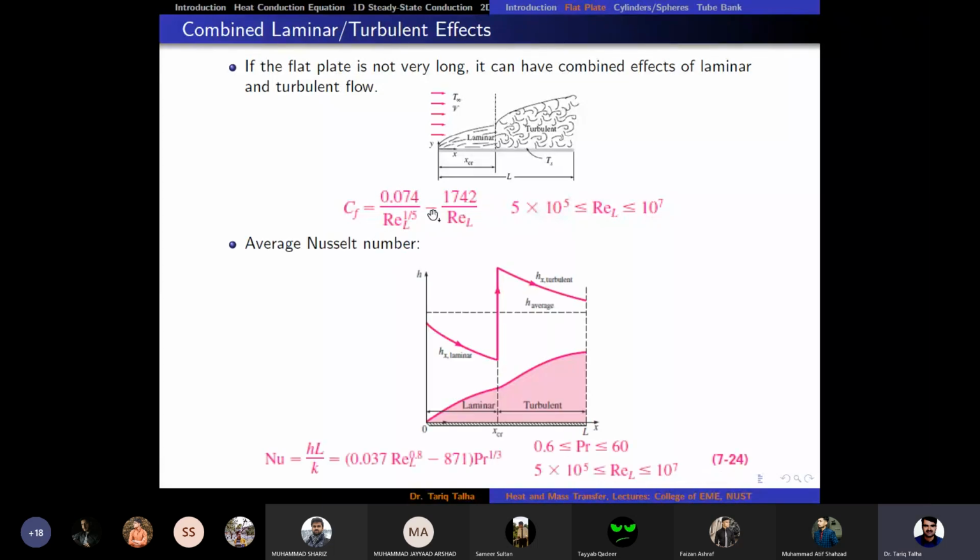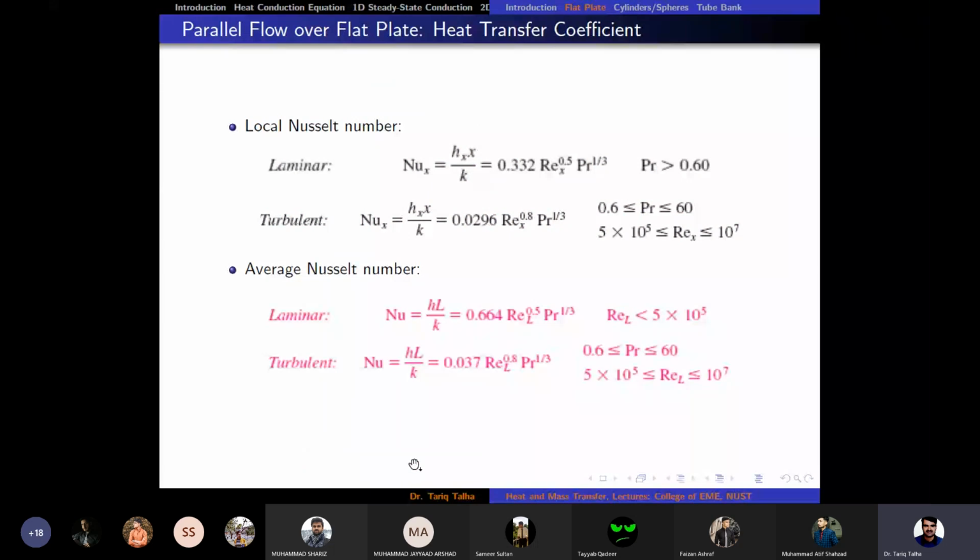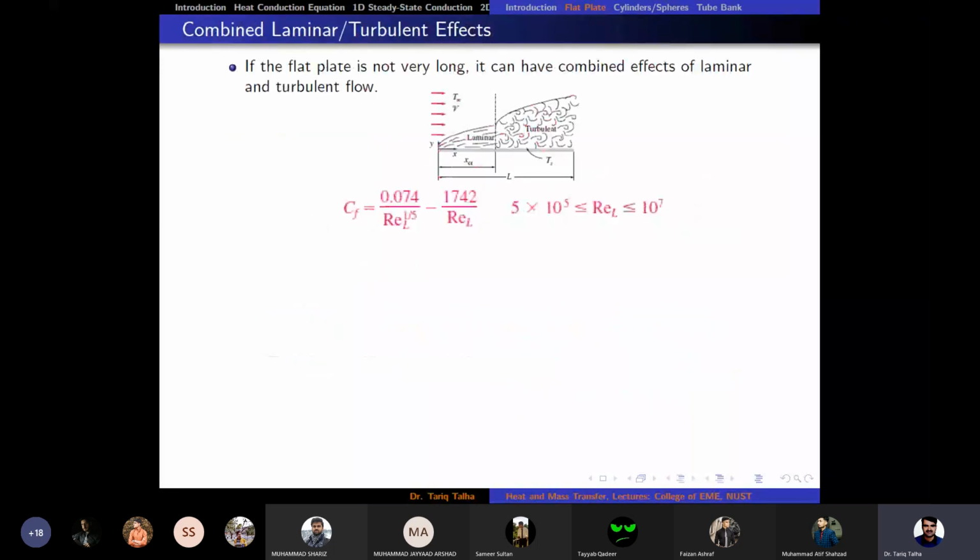On the same lines, we can do the correction for the Nusselt number, where that 871 is being subtracted. You know 0.037 Reynolds number to the power 0.8, which was mentioned in the last formula for the turbulent flow, 0.037 Reynolds number to the power 0.8 times Prandtl number to the power 1 by 3. Now here we have subtracted 871 to consider the laminar part.